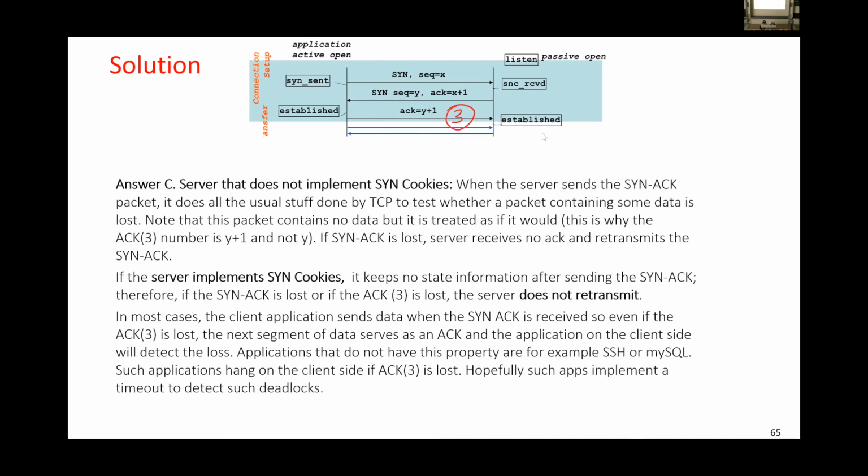And since this packet here is not sent reliably, you might have a deadlock. You will have a deadlock only in the case where the source does nothing after that. So if the source on the left sends a packet after sending the ACK, of course you will react by ACKing this packet, which will at the same time ACK this previous one here.